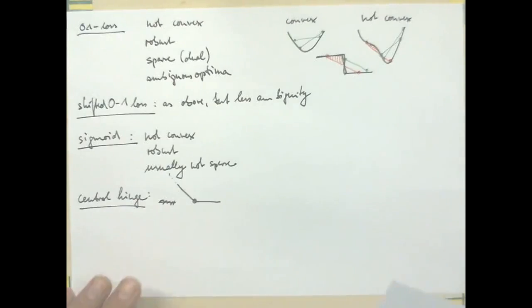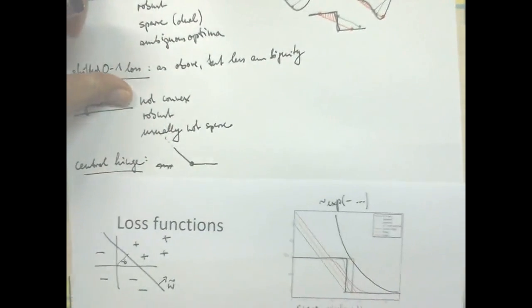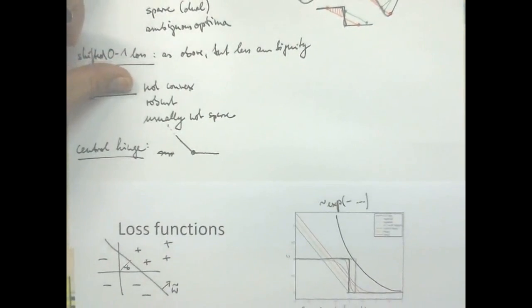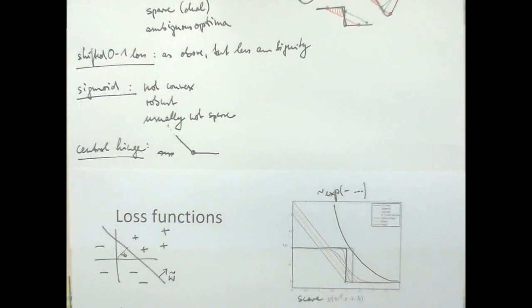And actually, I've plotted several versions of the hinge functions there, namely one that starts to grow just on the wrong side of the decision boundary.